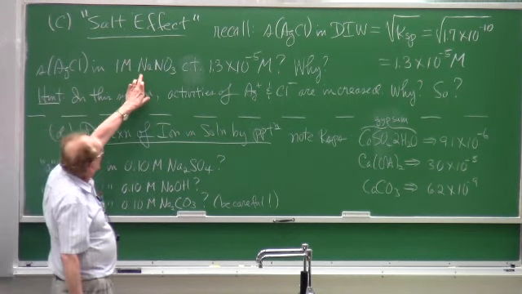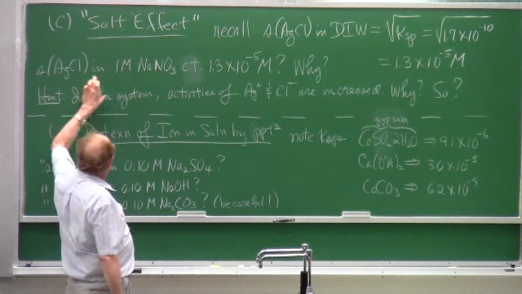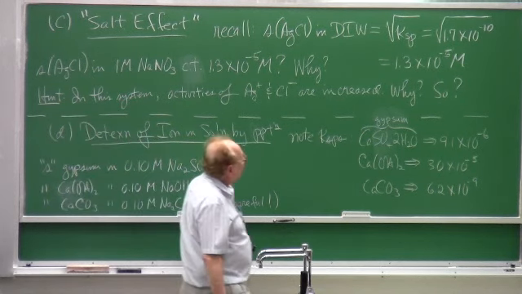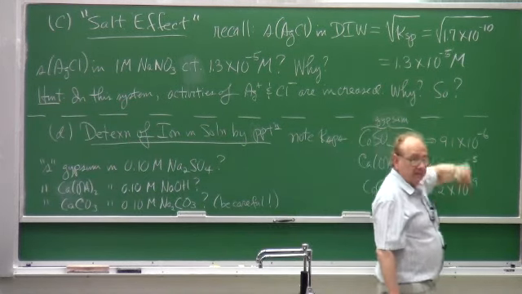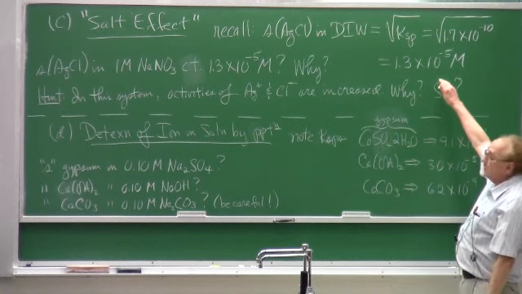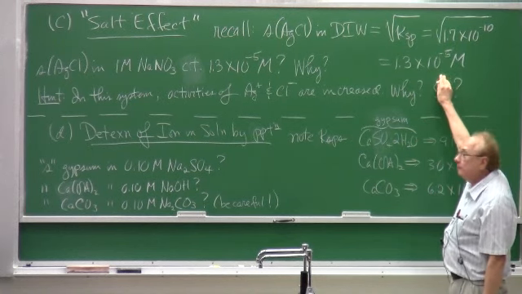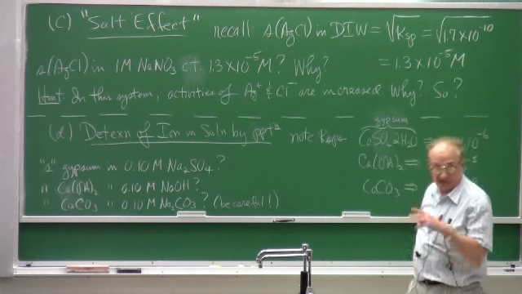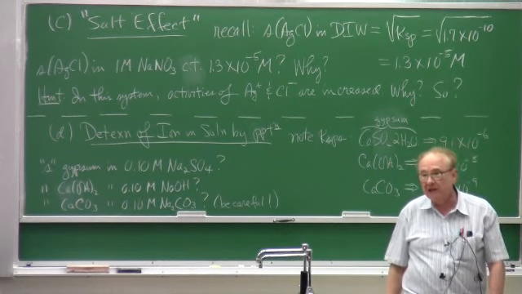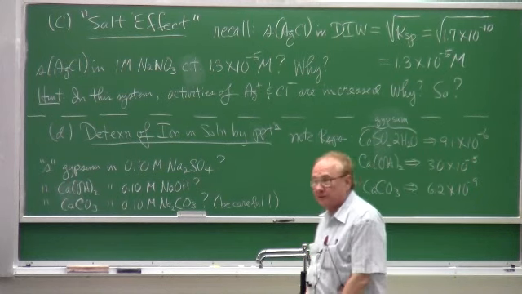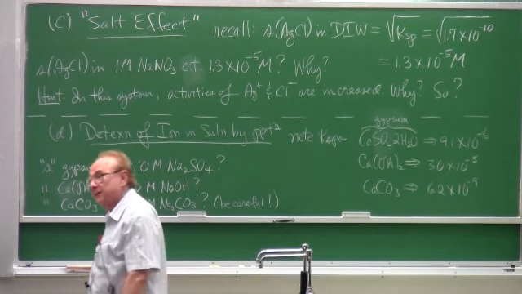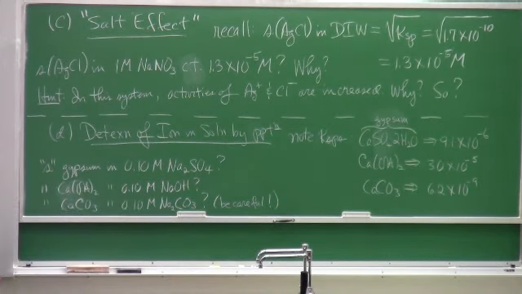If I saturate 1 molar sodium nitrate solution with silver chloride, will I get this solubility for silver chloride? Will I get a solubility that's smaller than this number, or a solubility that's bigger than this number? It's got to be one of these three, and I have a feeling right off the bat, since this is a special topic, you will not say the solubility is 1.3 times 10 to the minus 5.